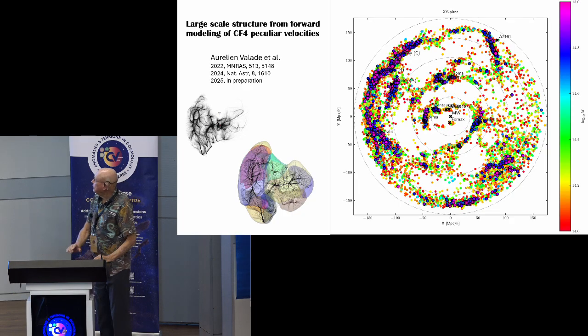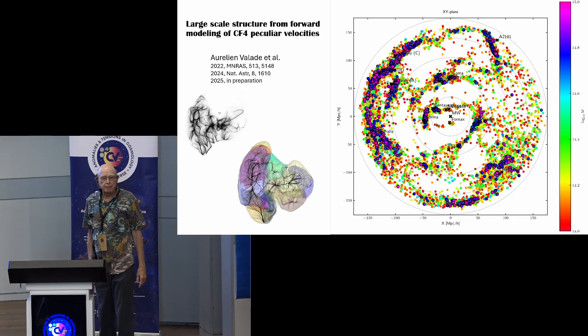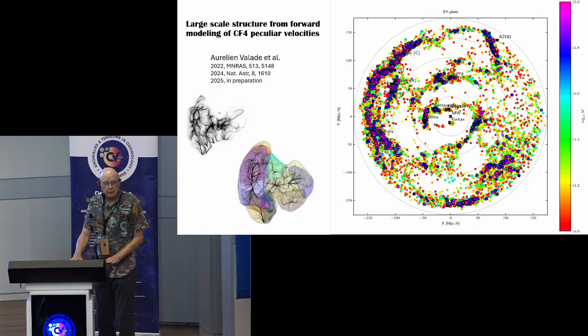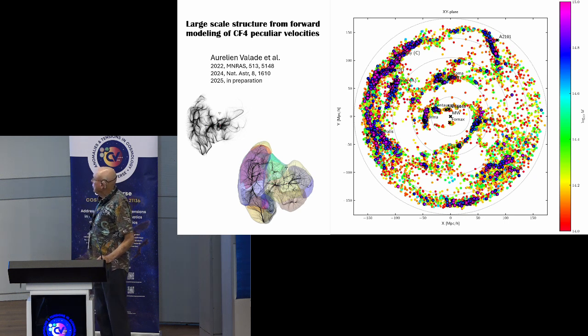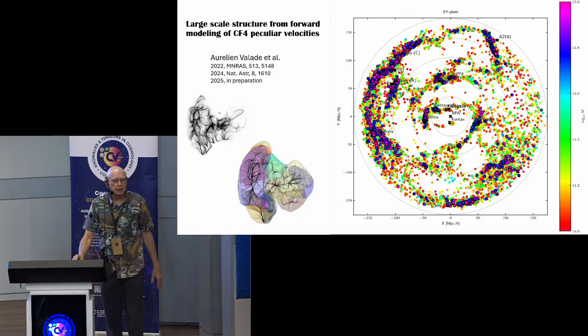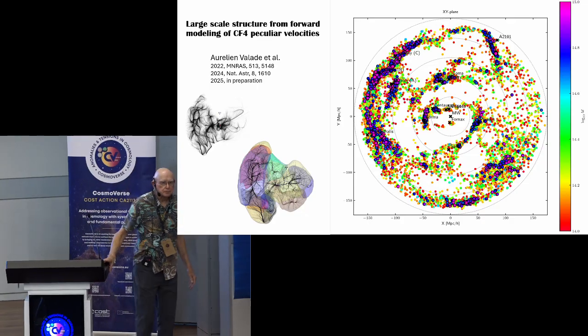The other thing, of course, that we're doing here is mapping out peculiar velocities and the distribution of galaxies, the distribution of masses with Cosmicflows-4, and I just showed you that there's some validation from surface brightness fluctuations, and so that's what I've got to tell you today. So thank you.